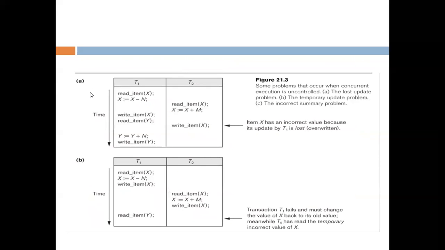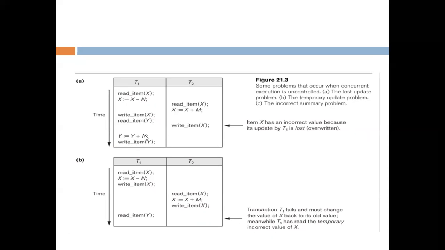This is an example. The first one indicates the lost update problem. Here, read X, decrement the value, write X. This is a typical debiting of an account. On the other side, read Y, increment the balance, then write Y. This is one transaction.